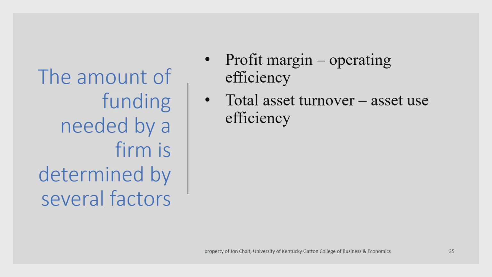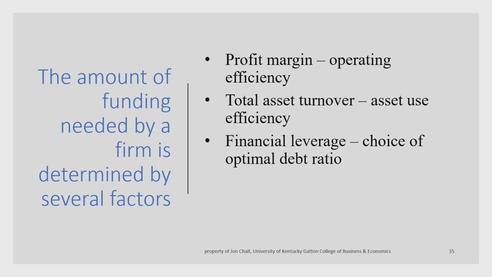Total asset turnover is also fundamental. If assets are used very efficiently, that can affect the amount of financing that's needed. Financial leverage, and some of that is dictated, oftentimes professors will say financial leverage is a voluntary choice. But in the real world, it's not so voluntary. The reason professors think it's voluntary is that you can always just sell more equity.